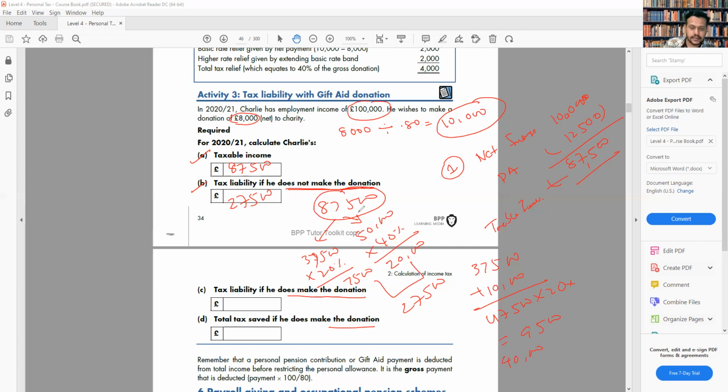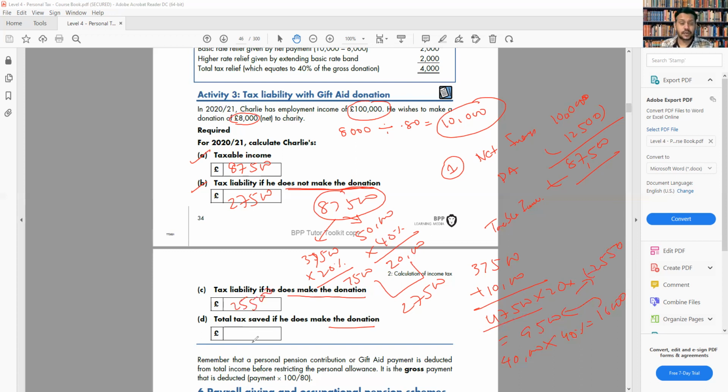Total is 87,500, isn't it? From 87,500, 47,500 is at 20%, and the rest, 40,000, is at 40%, and that will give us 16,000. So 16,000 plus 9,500 gives us 25,500. So if you make the donation, it is 25,500.